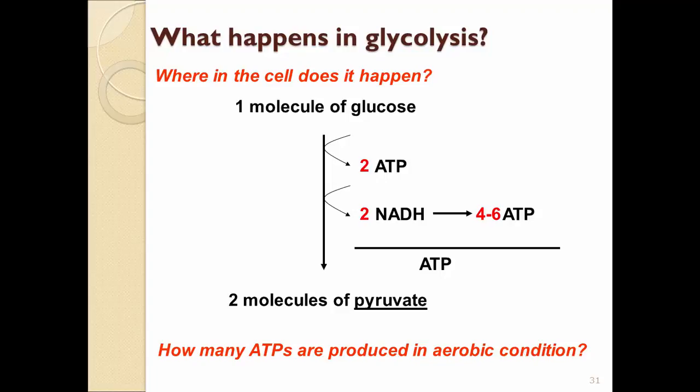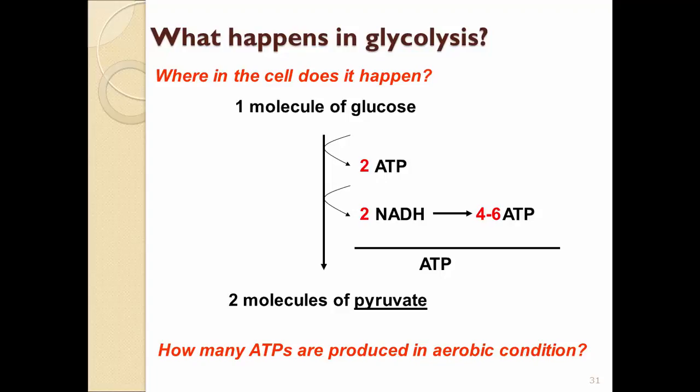Sometimes 4, sometimes 6, depending on the different tissue cells. We're going to talk about it later, because remember, the NADH is produced in the cytosol. Again, I forgot to mention, glycolysis occurs in the cytosol, right? The electron transport chain is located in the mitochondria.